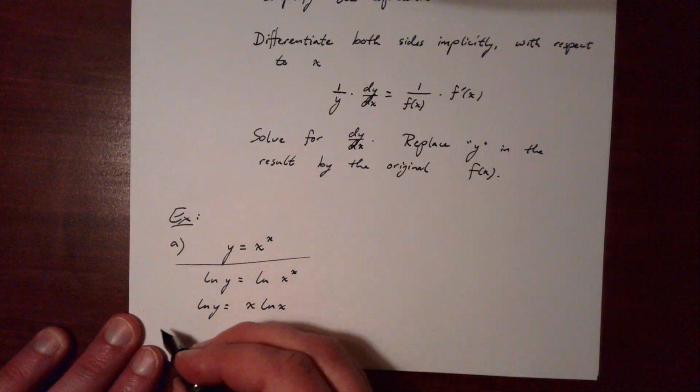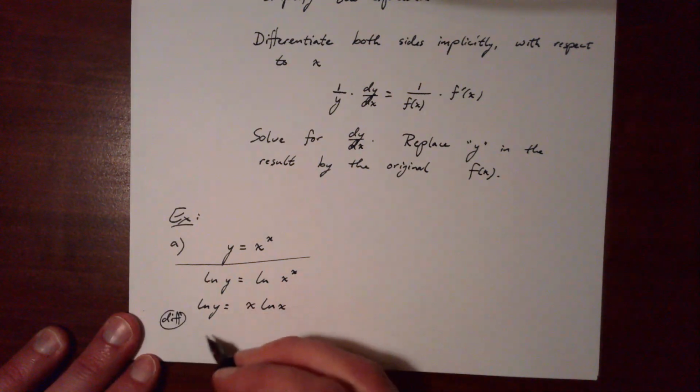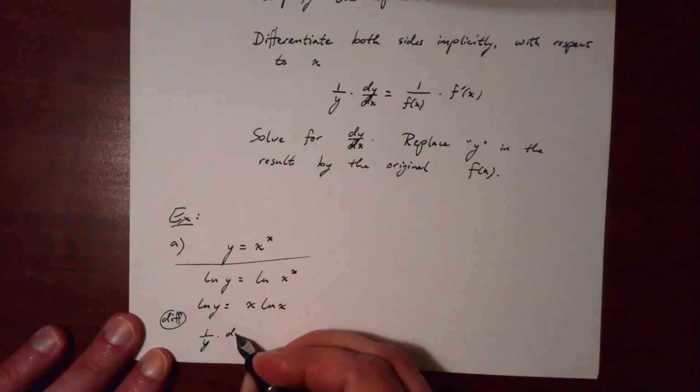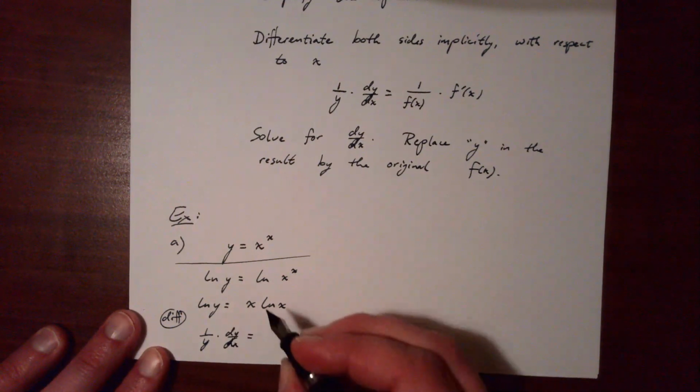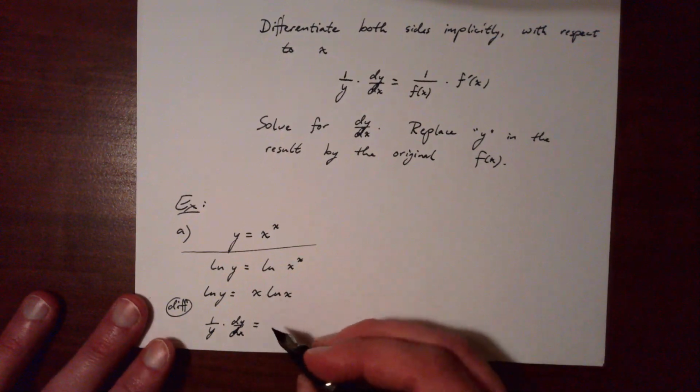So we take the derivative of both sides. What's going to happen is that we are differentiating implicitly, so it's going to be 1 over y times dy dx. On the right side, it's not going to be implicit, but we are going to have to do the product rule.